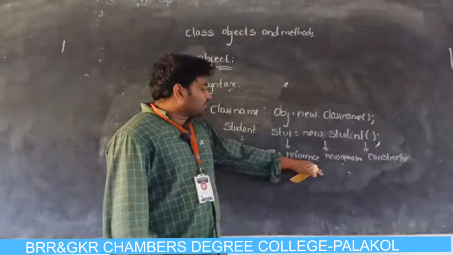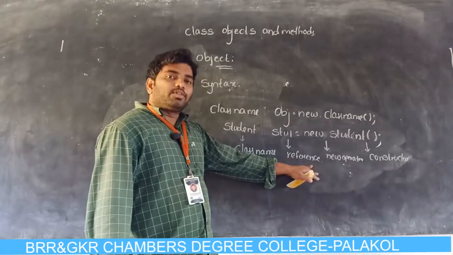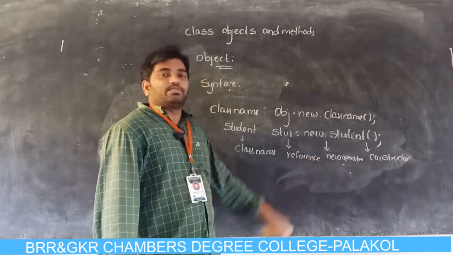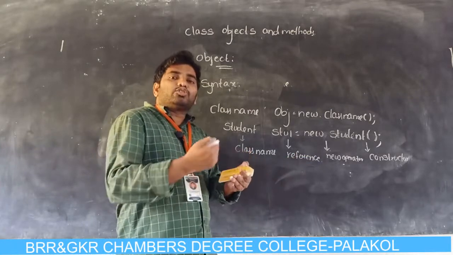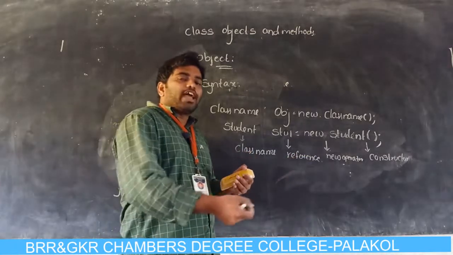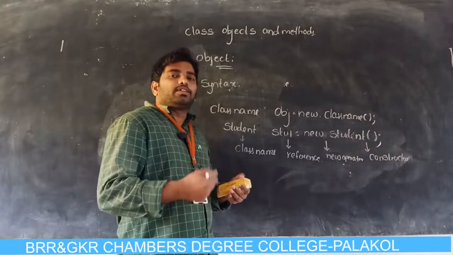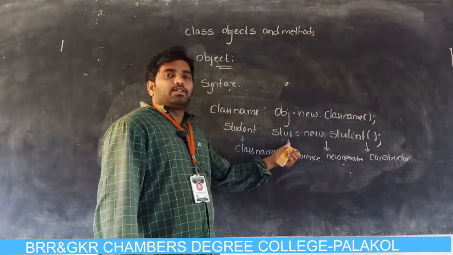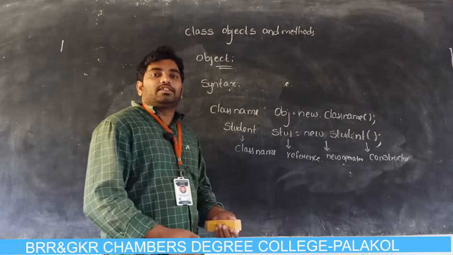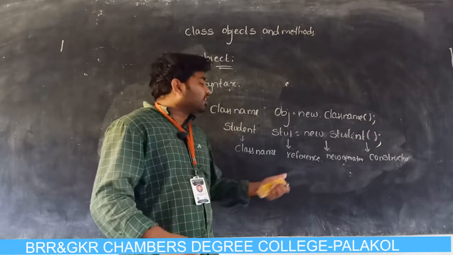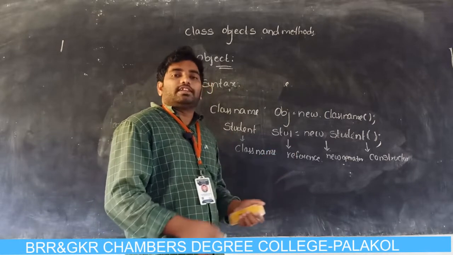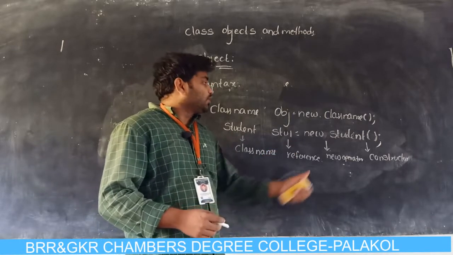A reference: normal variable or reference variable? In a normal variable, the data is stored. The value stored in a particular variable is a normal variable. But a reference variable means the reference holds an address. The address stored in a particular variable is a reference variable.